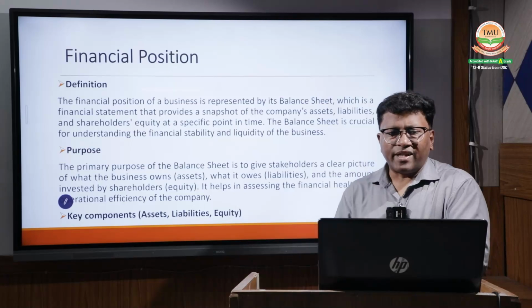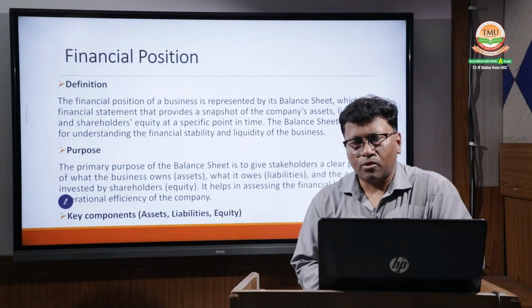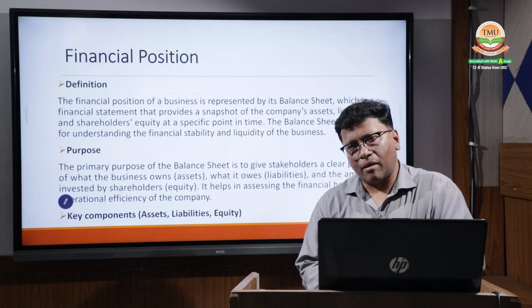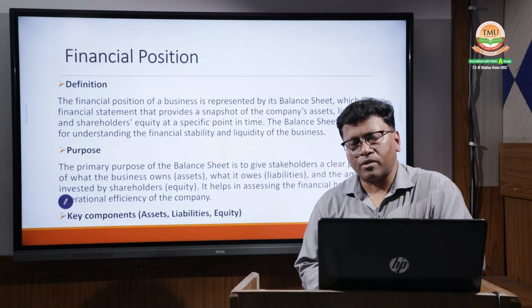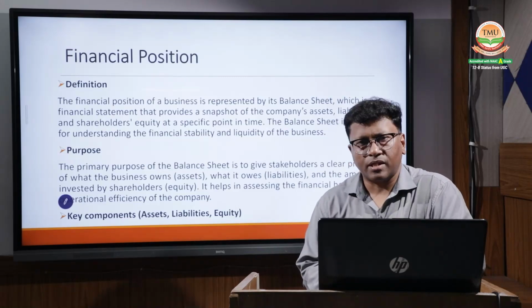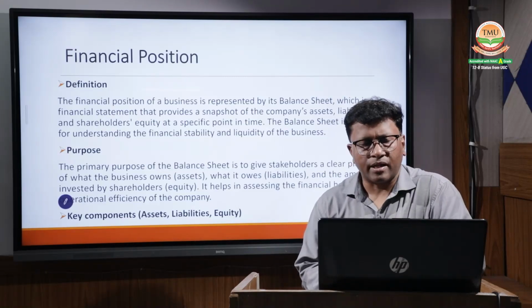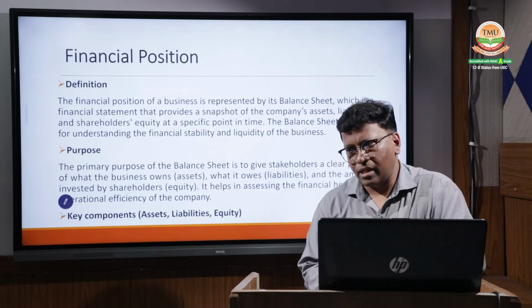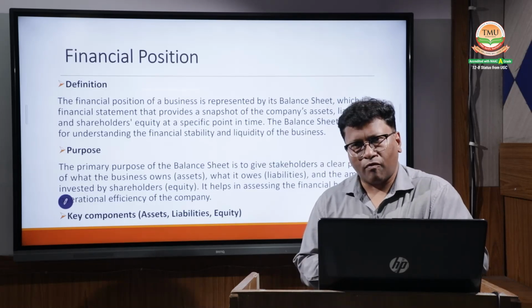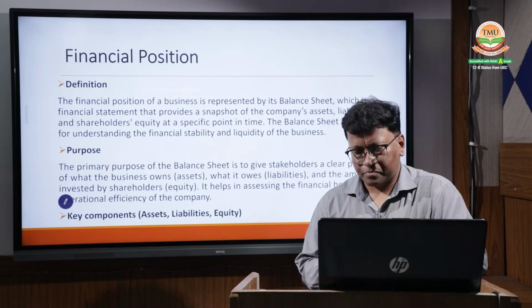And now we come to the financial position. Exactly what is that? No doubt, on the basis of the assets and liabilities, the users of accounting or the stakeholders are very much desirous of having the information regarding the financial position of a company. Exactly what is the solvency, or what about the solvency, or what about the liquidity, right?